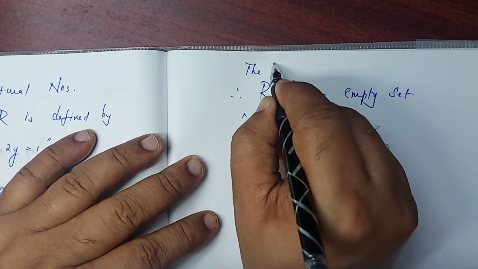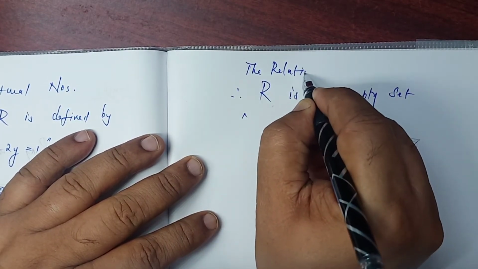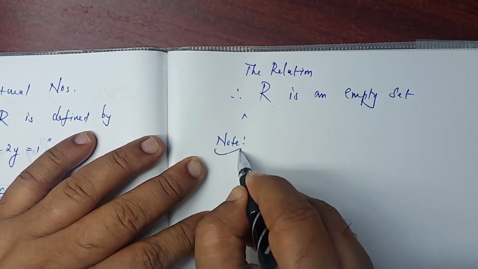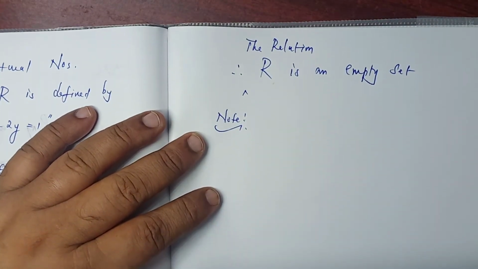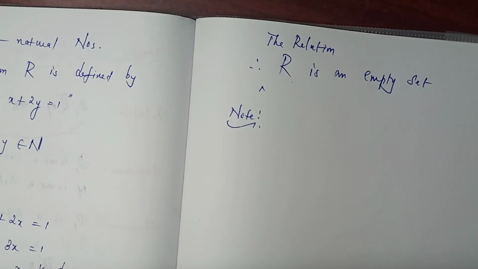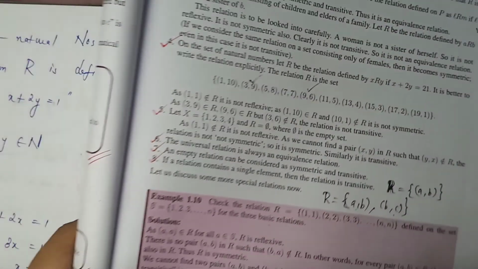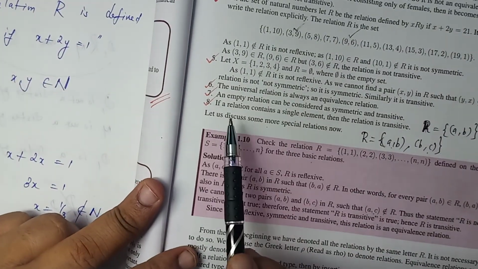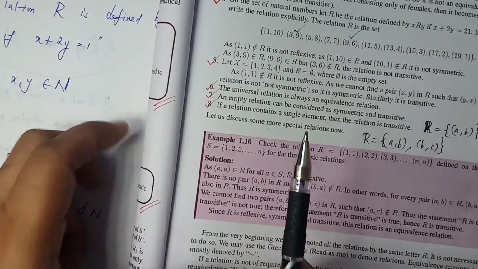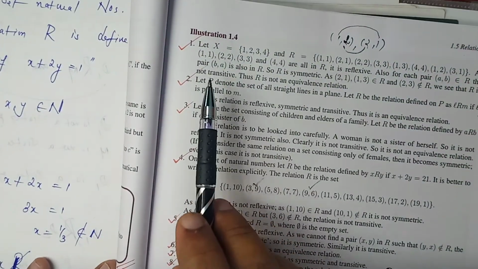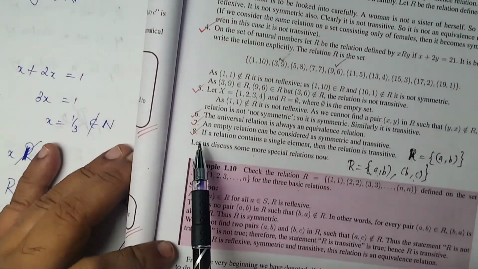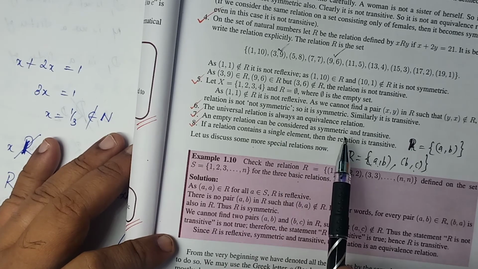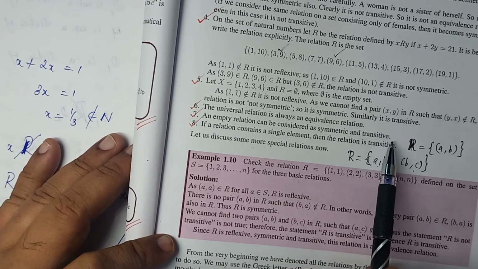Now note, already I explained this in the previous class. Look at the seventh one, illustration 1.4. What is given? An empty relation can be considered as symmetric and transitive.